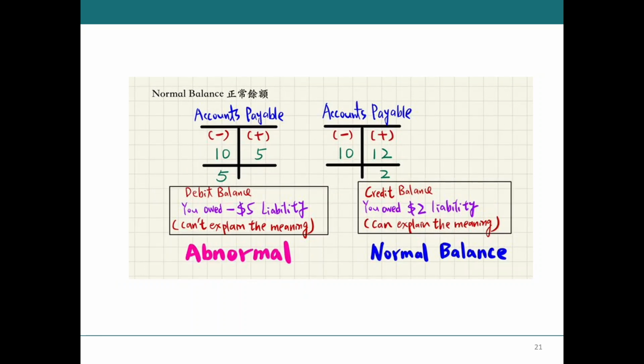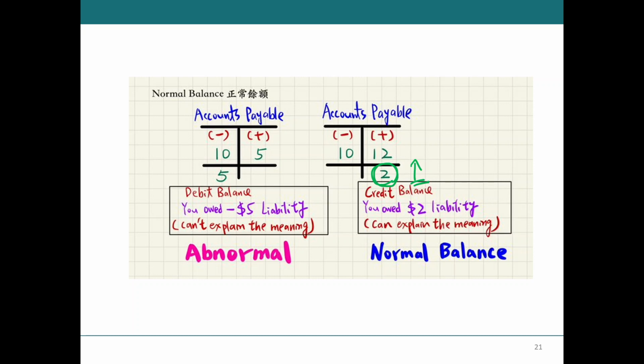How about accounts payable? The same, right? Accounts payable on credit side means increase, right? So that makes sense. Means what? Beginning, you have liability $12. Right now, you pay the liability back 10. So you still have a liability $2. So you could explain it. Makes sense.